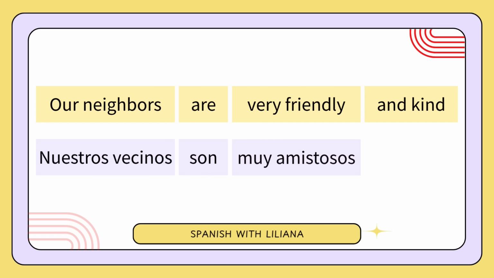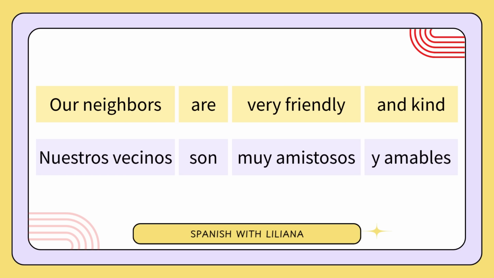Very is muy. Muy. And here we're just going to follow the same structure. Friendly could be amistosos. Amistosos. And kind, y amables. Nuestros vecinos son muy amistosos y amables.